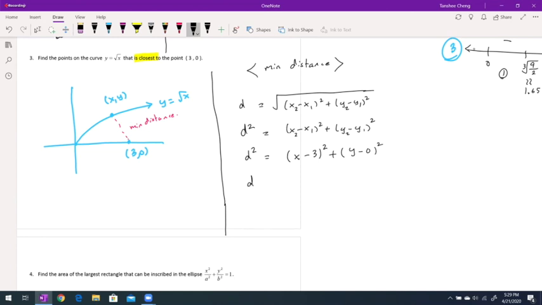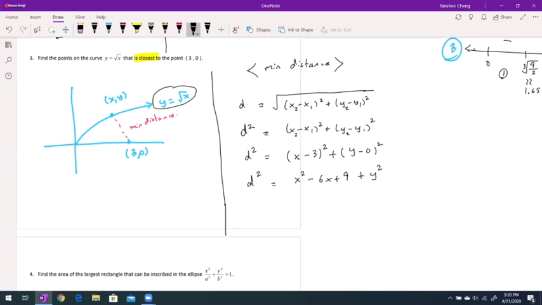So when I simplify this, that will become d squared is equal to x squared minus 6x plus 9 plus y squared. So I have 2 variables right here. And this is where you need to really remember that the x and y coordinates for these points are on this curve right here.